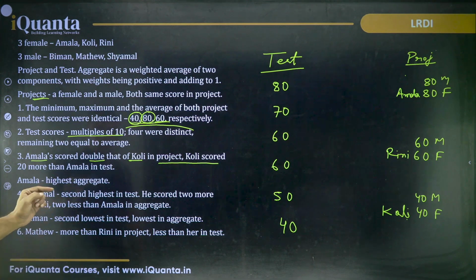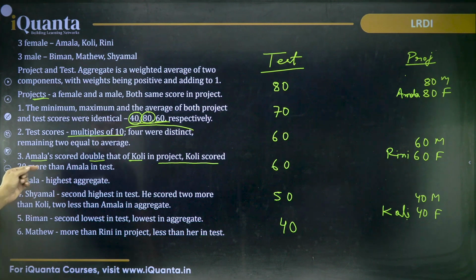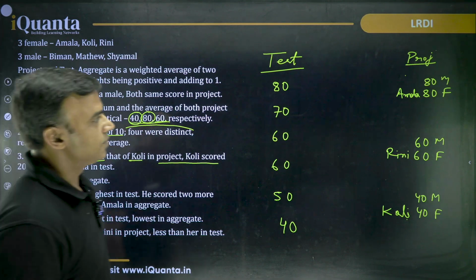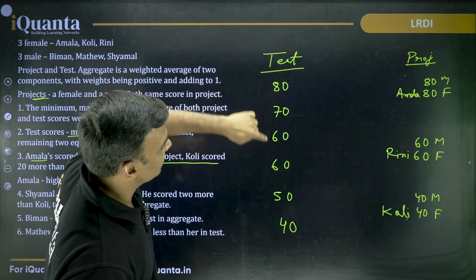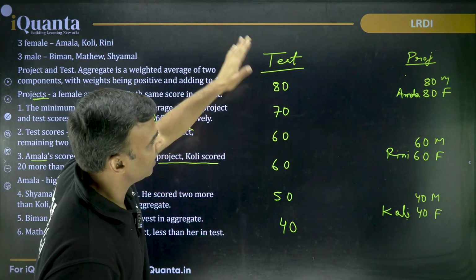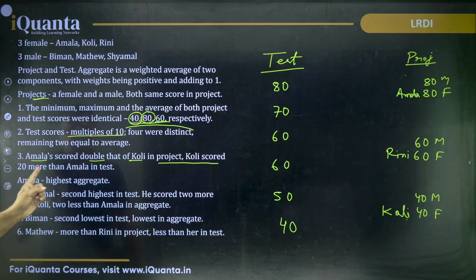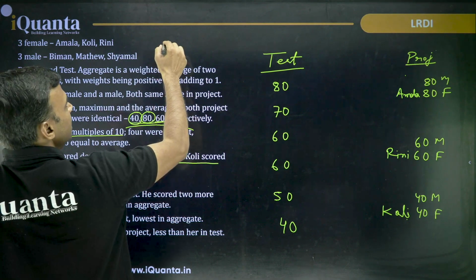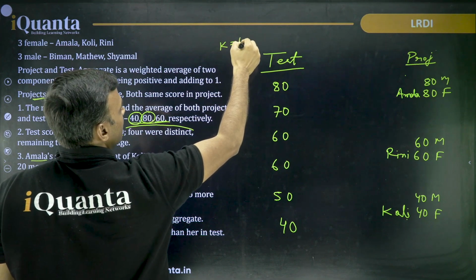Fantastic. Let's go ahead. And in project, Kohli scored 20 more than Amla in test. Now, Kohli scored 20 more. So it could be 80-60 or 70-50 or 60-40. So here it is not very clear. But what we know is, I'll write Kohli scored 20 more than Amla. So Kohli in test is equal to Amla plus 20.